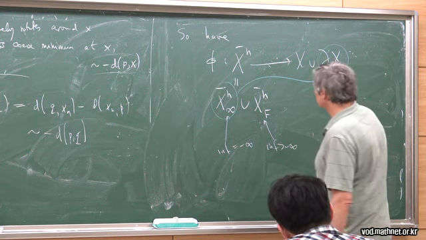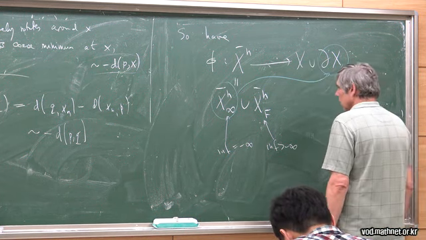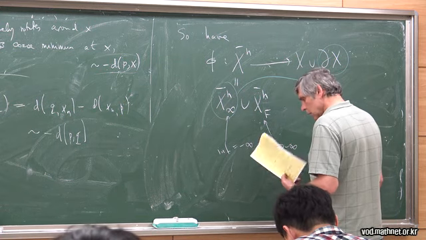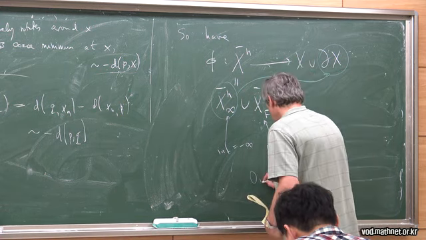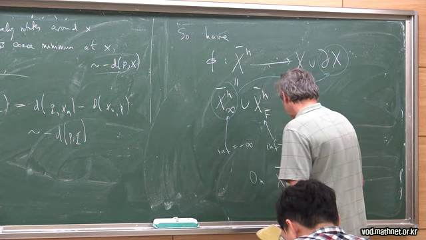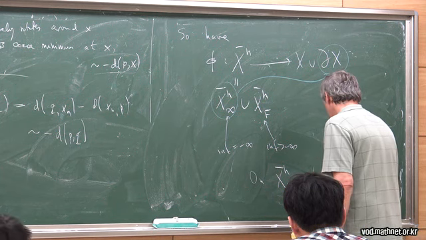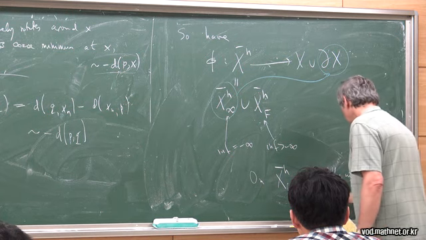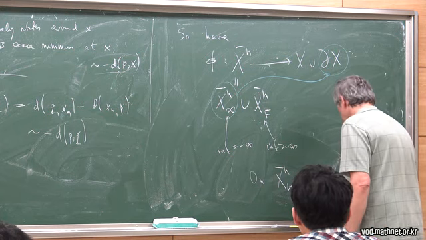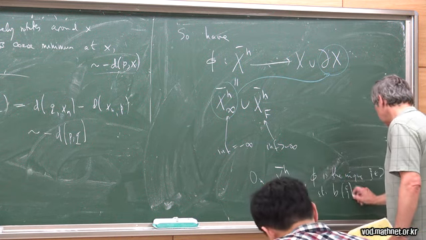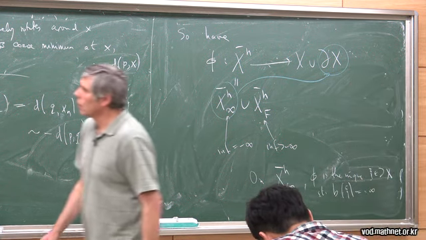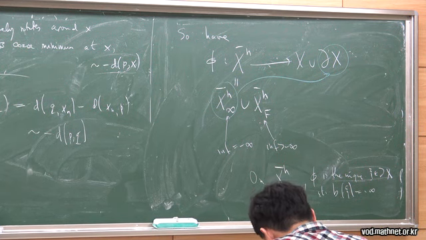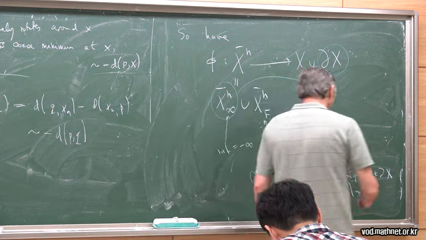So on xh infinity, phi is the unique xi in the boundary of x so that this function b of xi is negative infinity. That's what this is saying, that in this situation there is a unique point in the boundary where the function is minus infinity, and all the other points in the boundary are plus infinity. So this phi is just going to pick out the one where it's minus infinity.